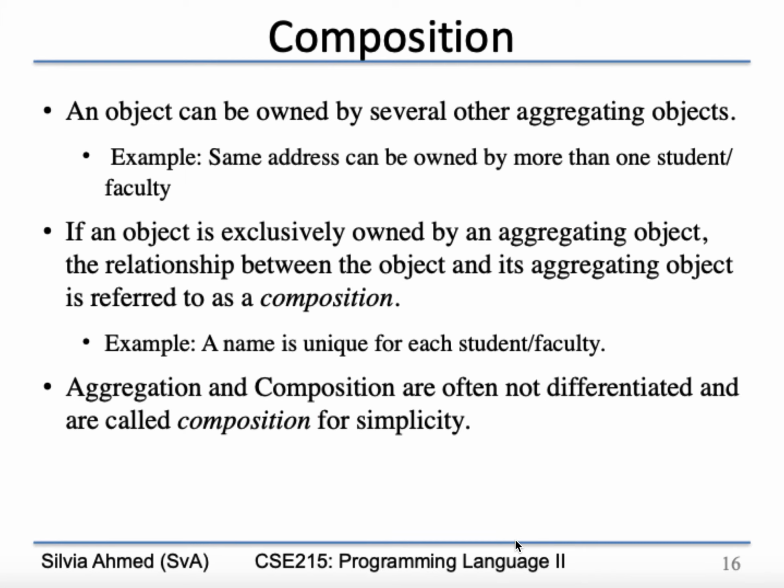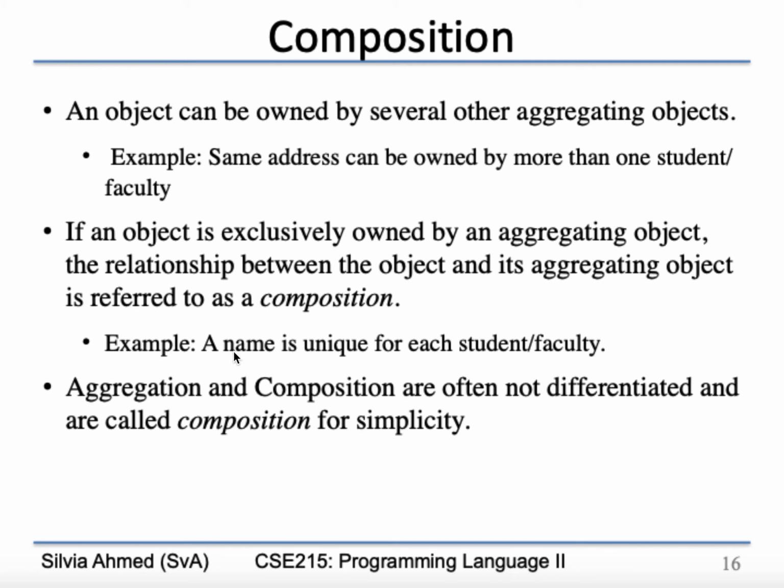After considering the ownership relation as aggregation, we have also seen that an object can be owned by several other aggregating objects. For example, the same address can be owned by more than one student or faculty. But if an object is exclusively owned by an aggregating object, that relationship between the object and its aggregating object is referred to as a composition.